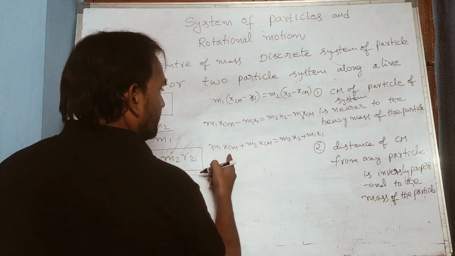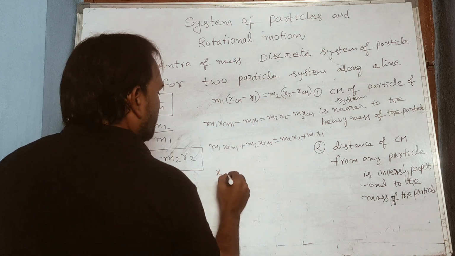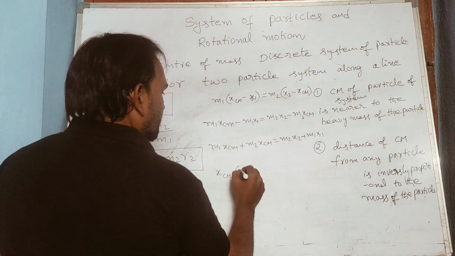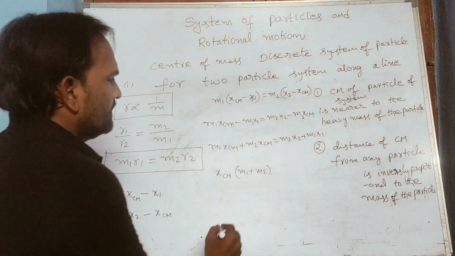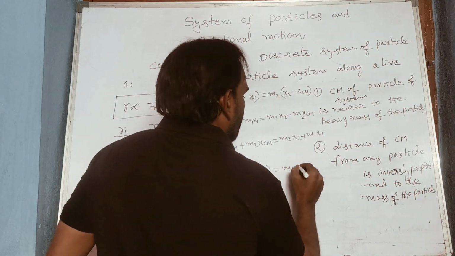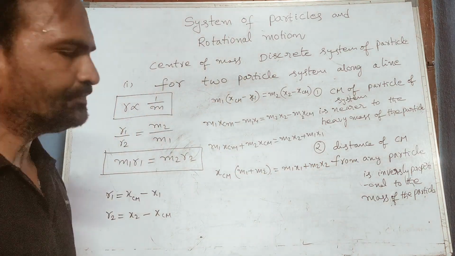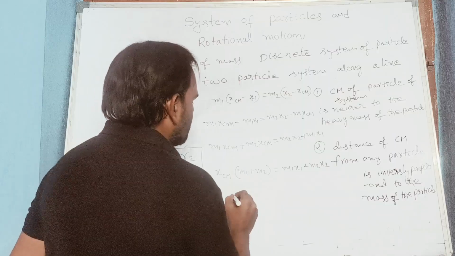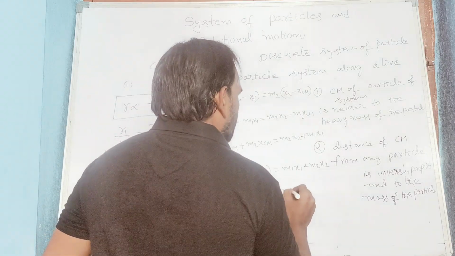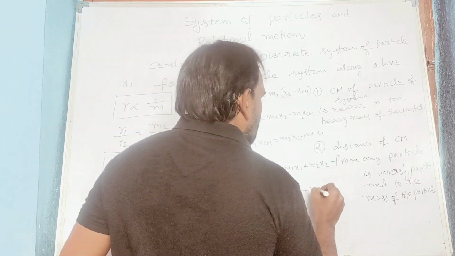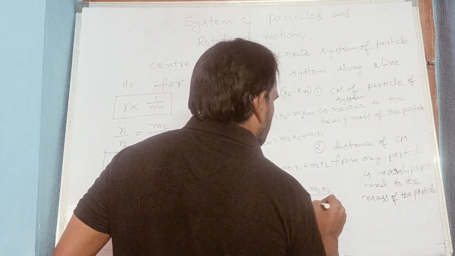Then how do you write here? x center of mass is common, so what is remaining? m1 plus m2. x center of mass times m1 plus m2 is equal to m1 x1 plus m2 x2. Okay, students, x center of mass is equal to m1 x1 plus m2 x2 by m1 plus m2.